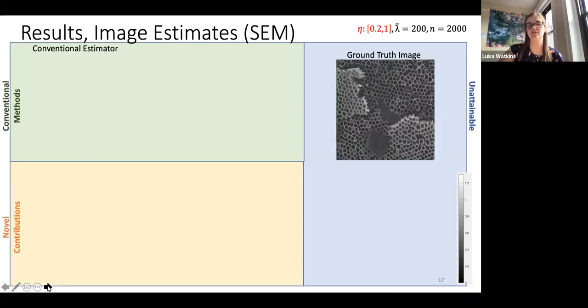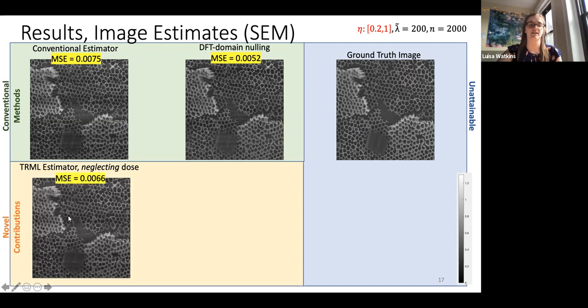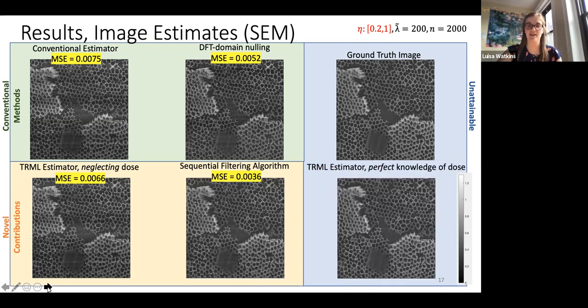So we have a different ground truth where we have still a conventional estimator, the DTFT, which tries to clean up the stripes, the robustness of the TRML that doesn't think of the dose, then my algorithm that actually tries to estimate it, and then the perfect if the TRML estimator knew it perfectly.